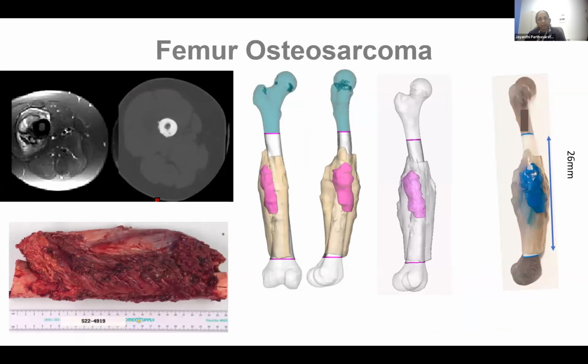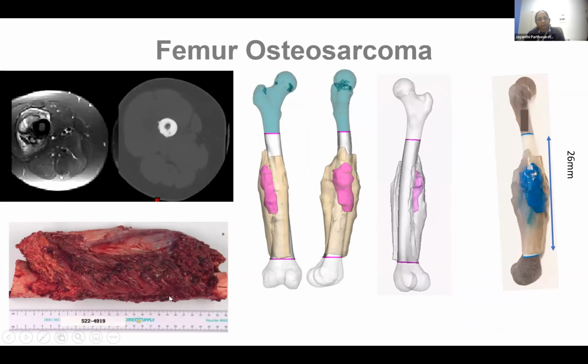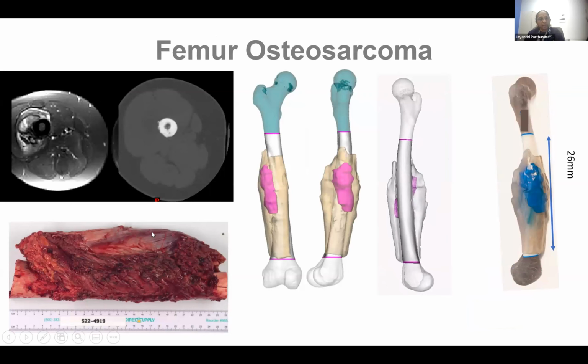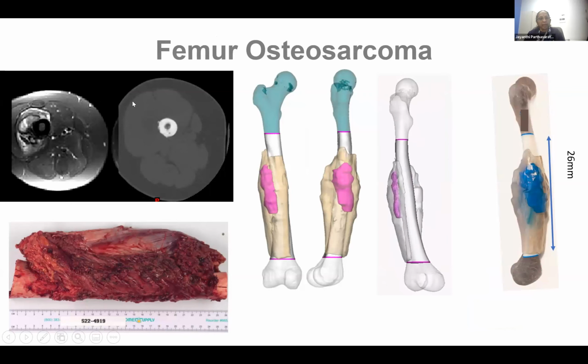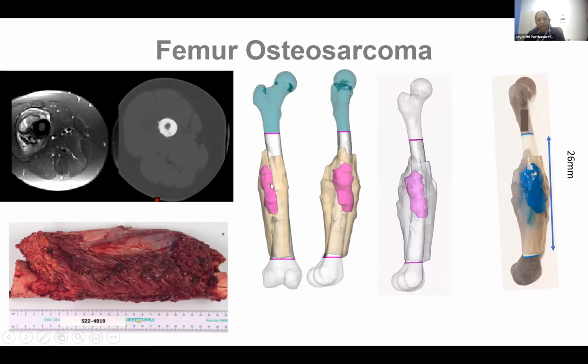Here, this is a femur osteosarcoma. So we see this is the resection planned, and this is pretty close to what the resection actually was. There's an MR and a CT, an overlay. Here, the pink part was the actual lesion.